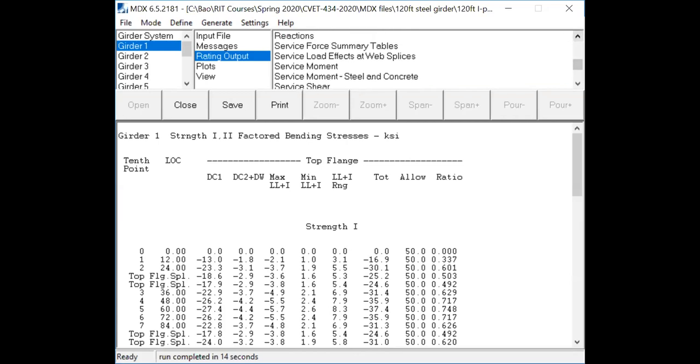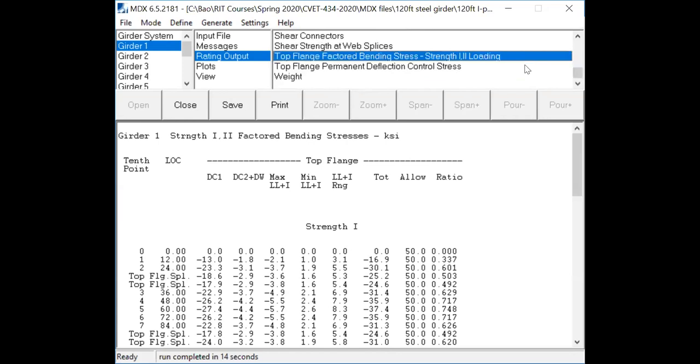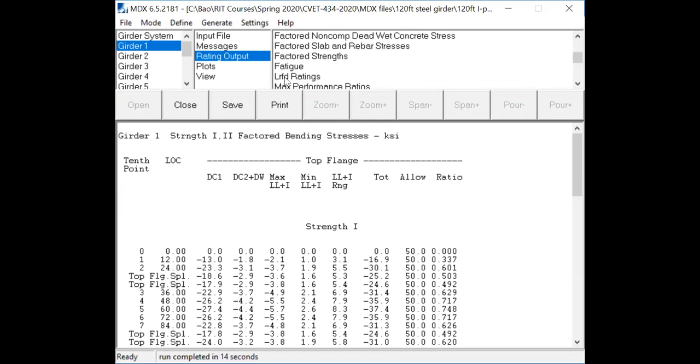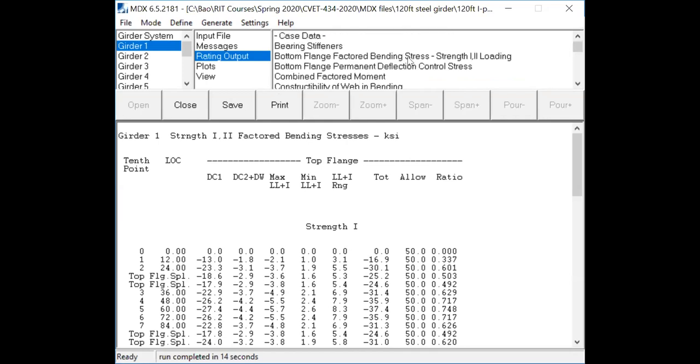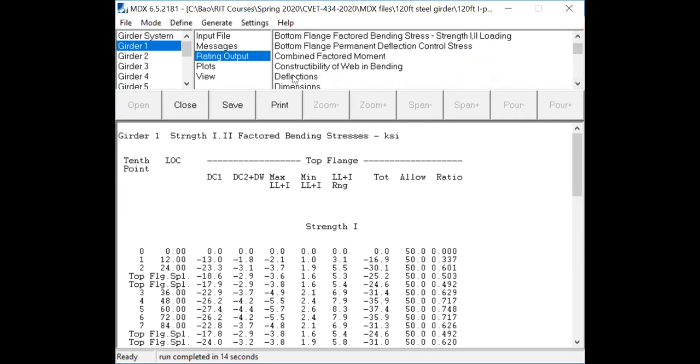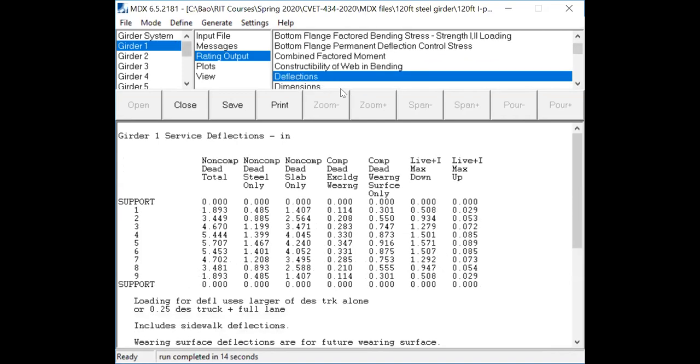And after that, we also need to check the deflection. Remember, the maximum level of deflection is 1.8 inch. So we need to take a look at the deflection. For Girder 1, we have the live load deflection, the maximum for Girder 1 is 1.571, okay?